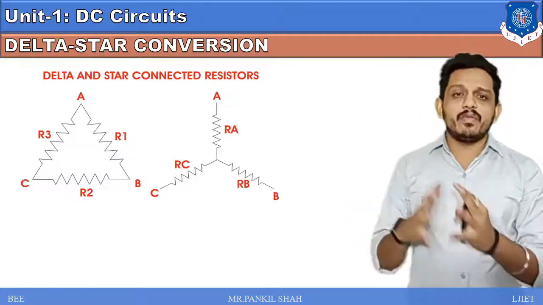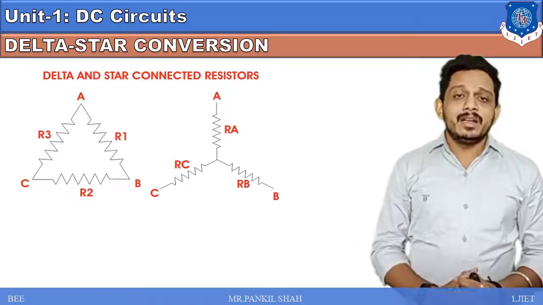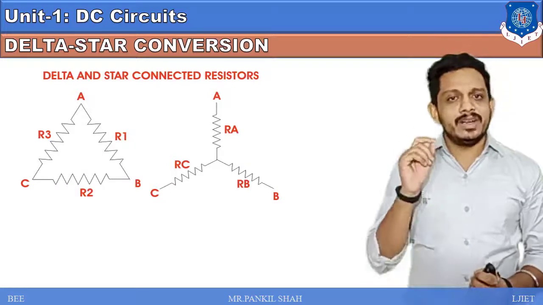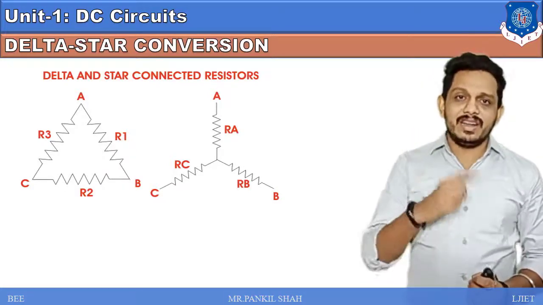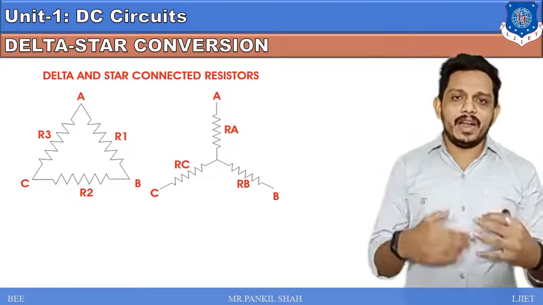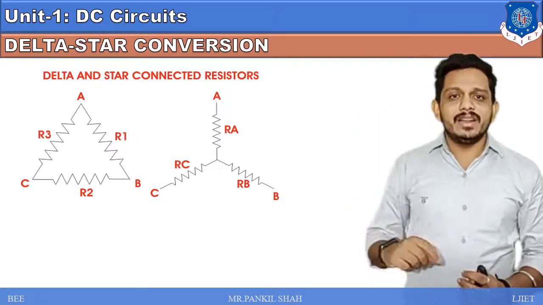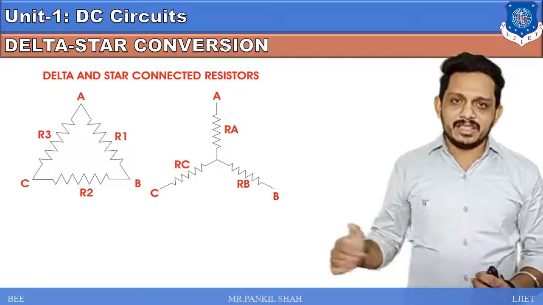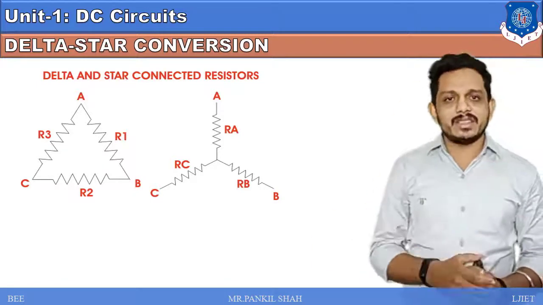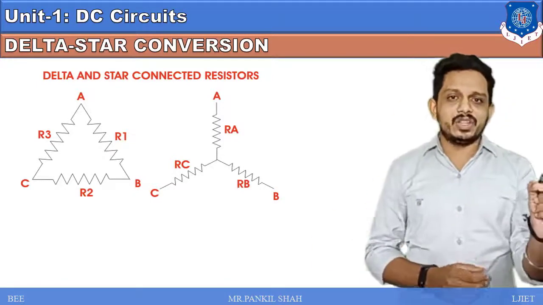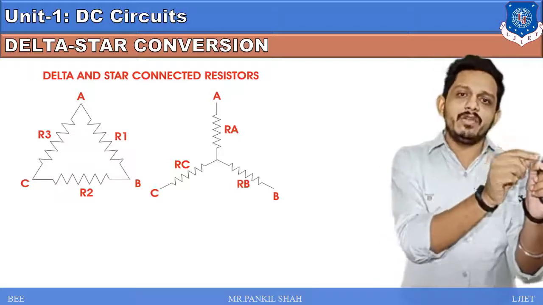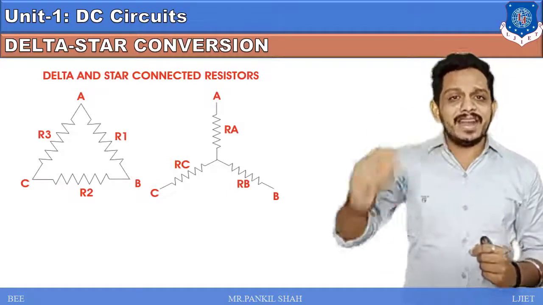And in case of delta, the finishing end of any of the resistors is connected with the starting end of another resistor. So if the terminals are given here as A, B and C, if A's negative is finishing here, then B's positive terminal will be connected with A's negative terminal.